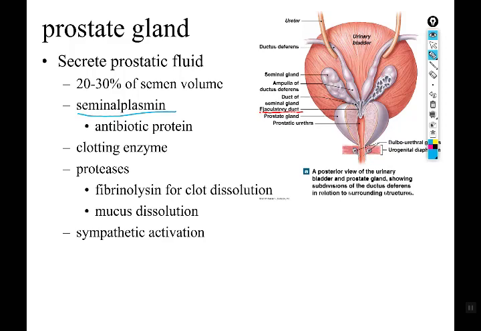In fact, there's more bacteria in the female reproductive tract because there are commensal bacteria that help keep the vagina healthy, for example. So in order to avoid spermatozoa being interfered with by those bacteria, seminal plasmin is basically there to resist antibiotic or biotic infection. There's also a clotting enzyme that activates fibrinogen, so let's add that.